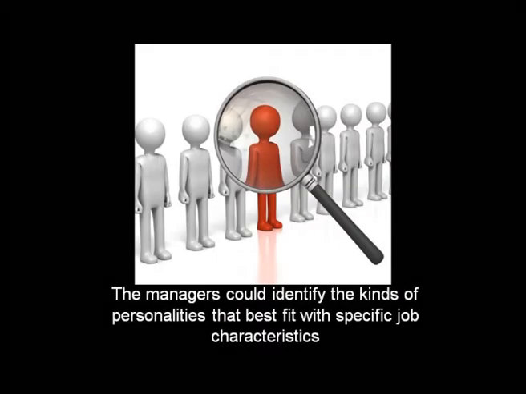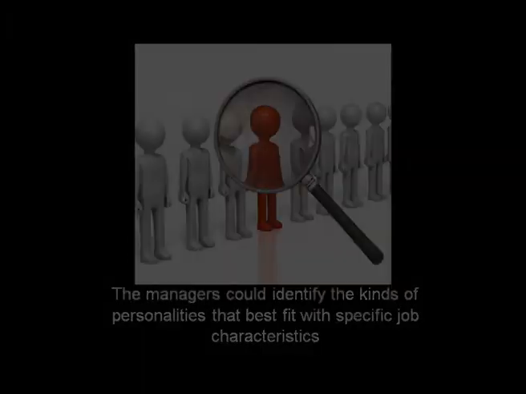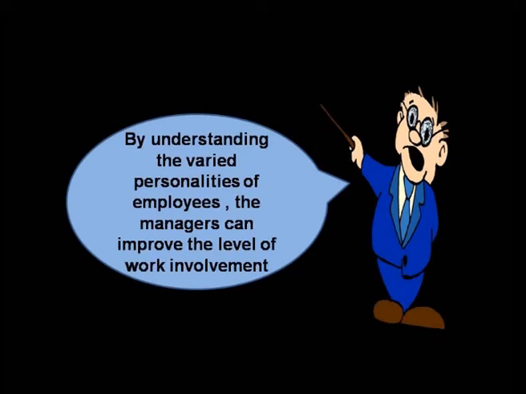With such information, managers could identify the kinds of personalities that best fit with specific job characteristics. Further, they could avoid choosing inappropriate staff as well as coordinate diverse employee activities to maximize productivity, efficiency, and effectiveness. A realistic view of work involvement thus suggests that it is a function of personality. Therefore, managers, by understanding the varied personalities of the employees and catering to them, can help improve the level of their work involvement.